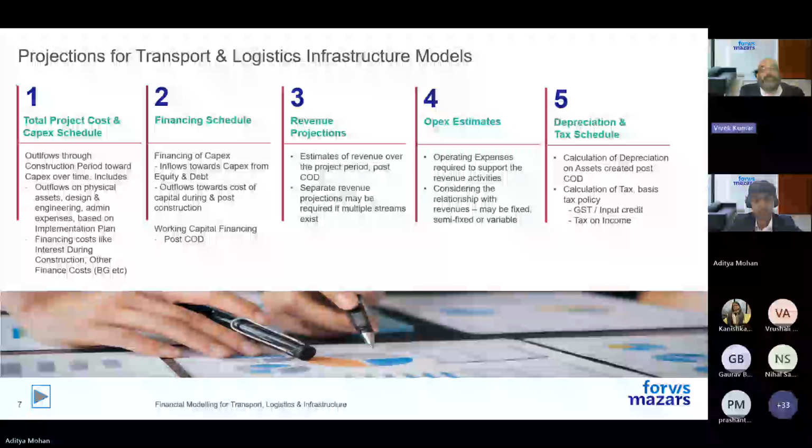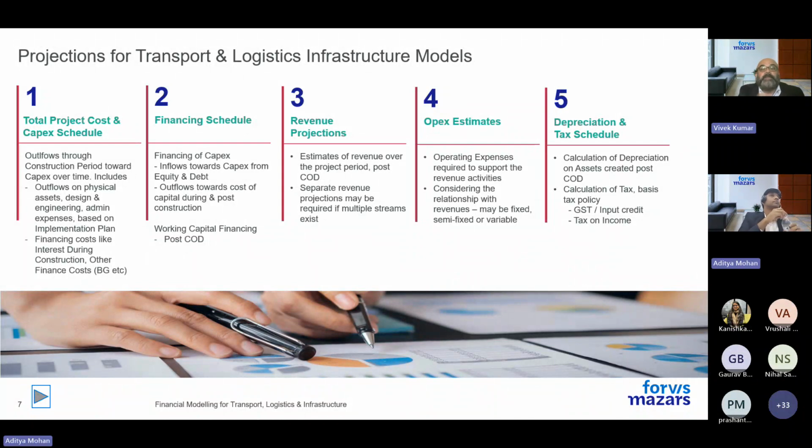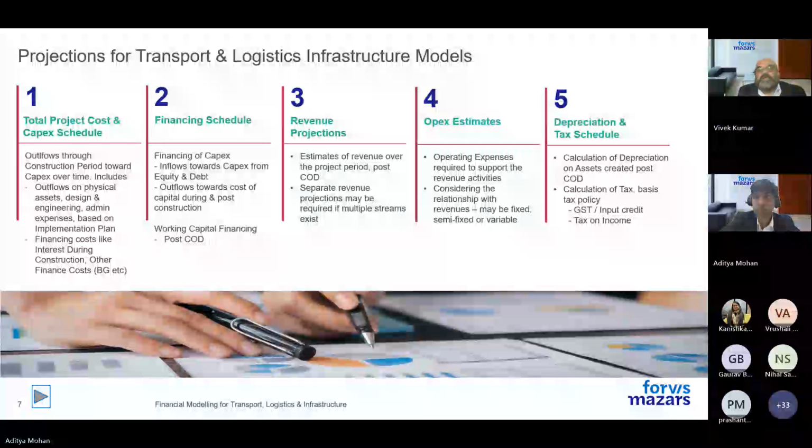These items, if you have to classify them, would fall into two categories: direct costs and indirect costs. Direct costs are material, men, etc., which are directly engaged in the operations. And then indirect costs would be your admin, marketing, repairs and maintenance, etc. Now, why are these important?